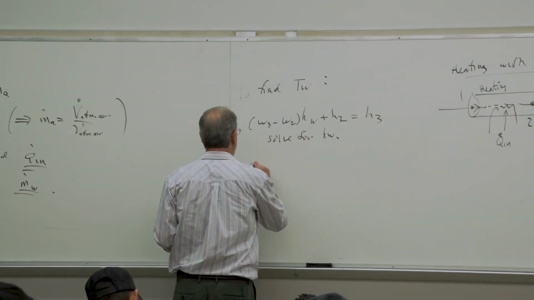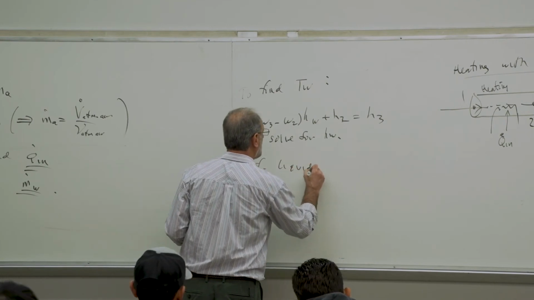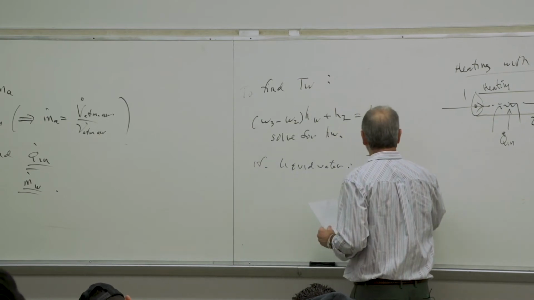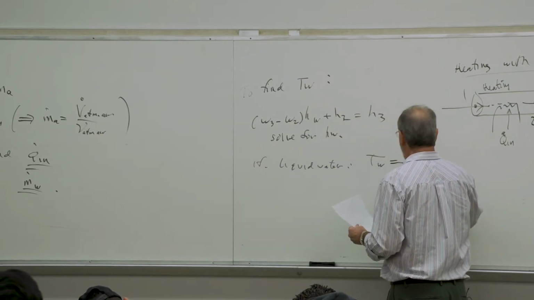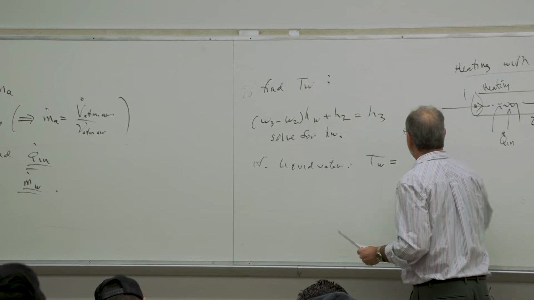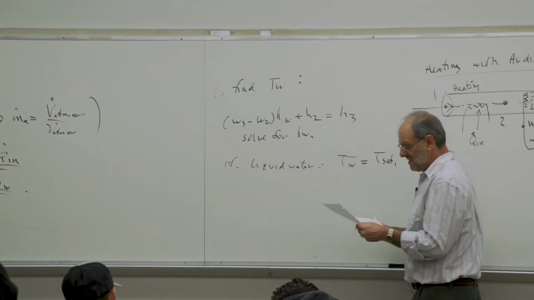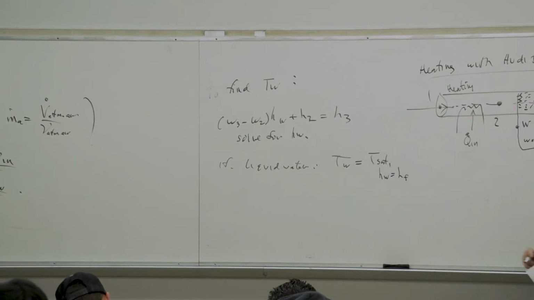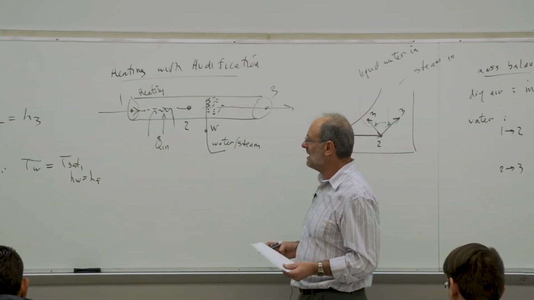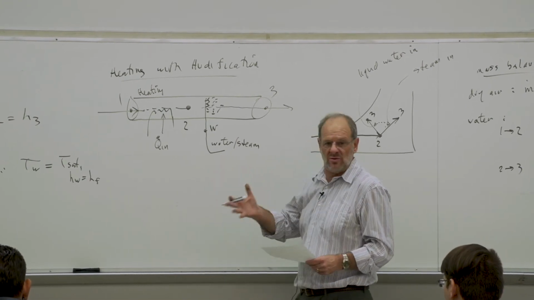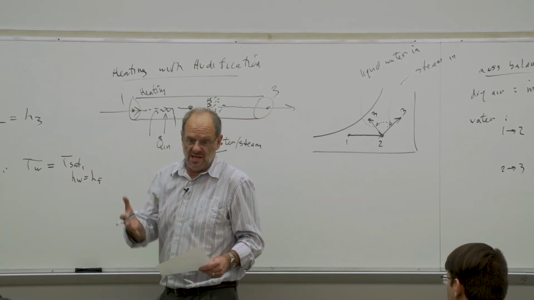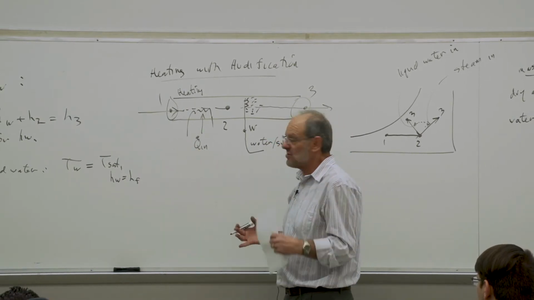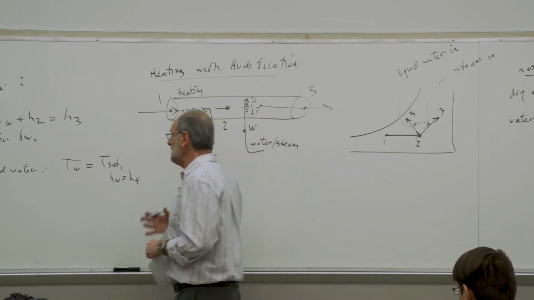And then, if it's liquid water, then the temperature of the water is just going to be the saturation temperature at the enthalpy of the water, which we'll assume is a saturated liquid, HW equals Hf. So you would know HW, you would just go down the Hf column in table A4, and you would find the value that gives you the appropriate temperature. So that's the temperature of the water supply you would need for this particular problem.